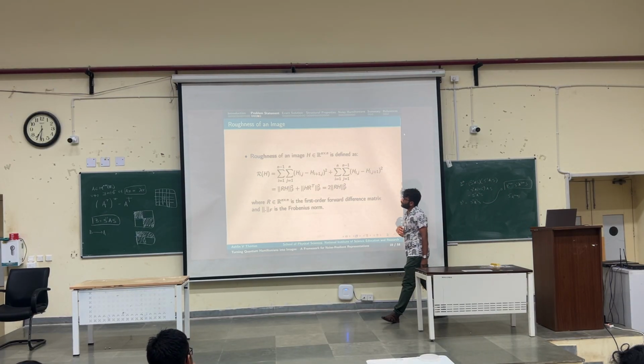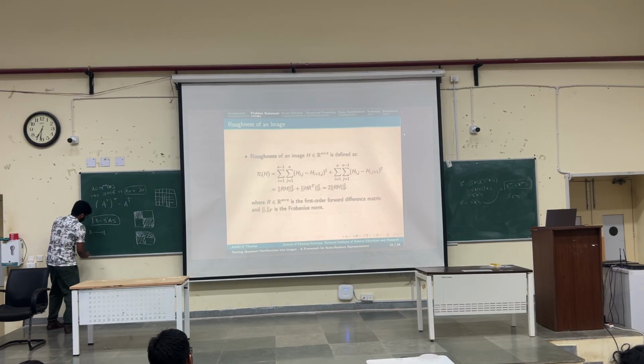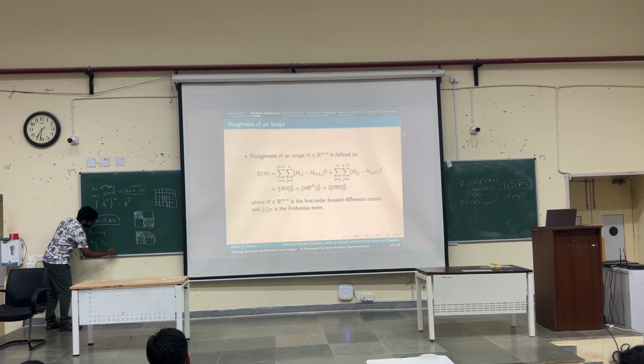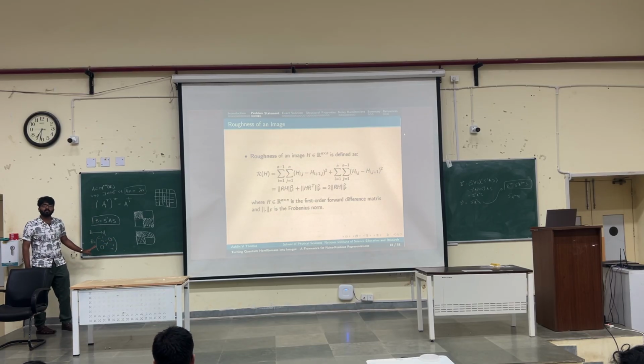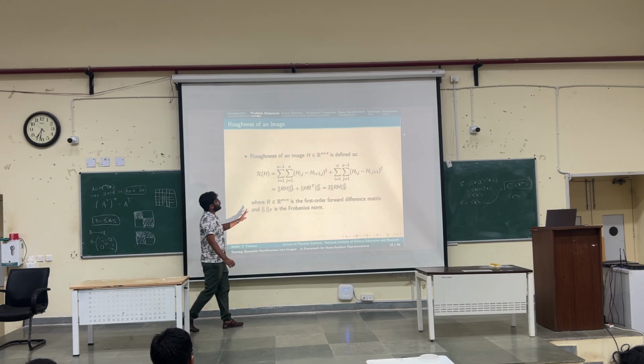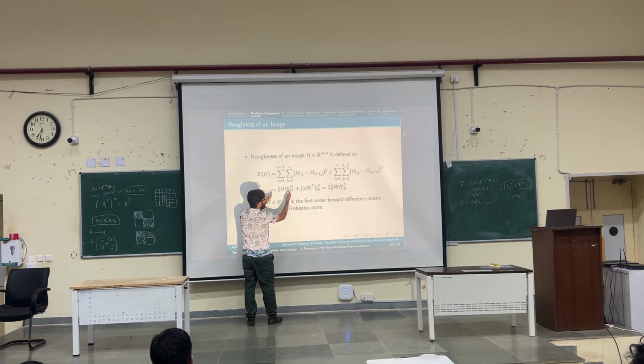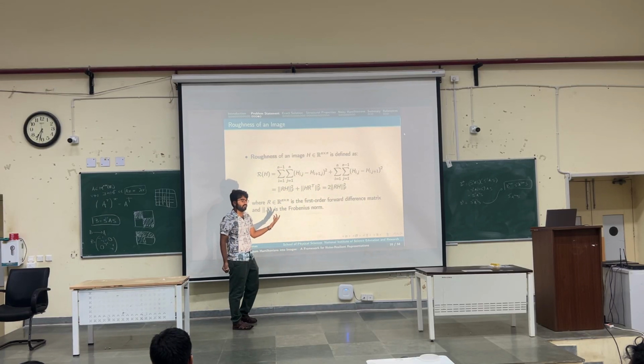Now, what I will do is define a matrix here. This matrix is something that you often encounter when you are doing numerical differentiation. So -1, -1, -1, -1, and 1, 1, 1, 0, 0. This is the first forward difference matrix. If I define R to be this first forward difference matrix, then I can write this part of the sum as norm of RA squared, where this norm is the Frobenius norm.